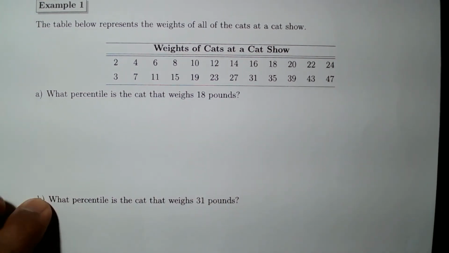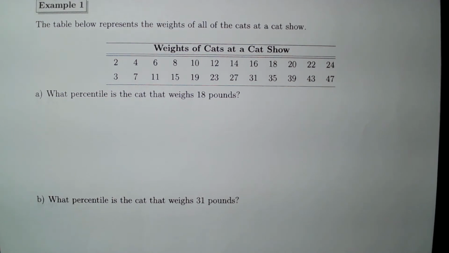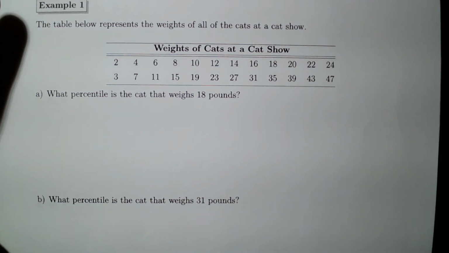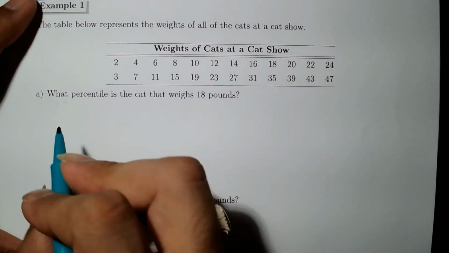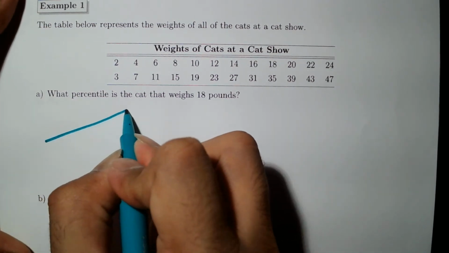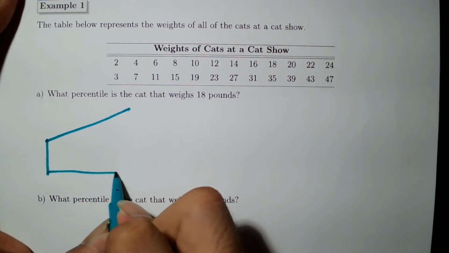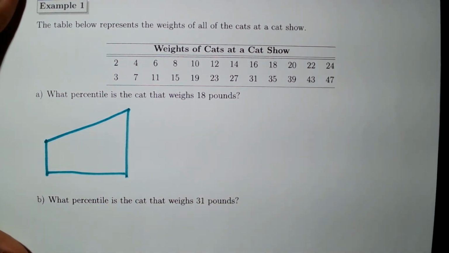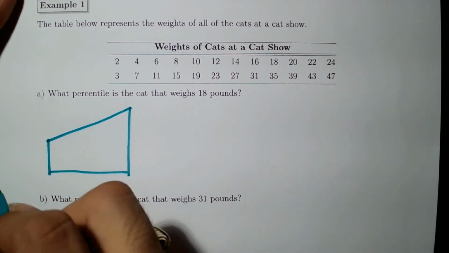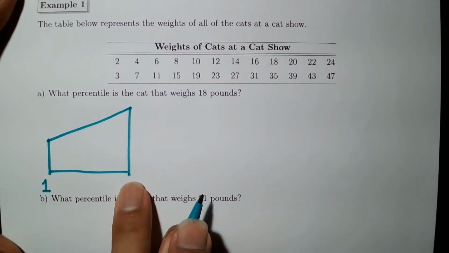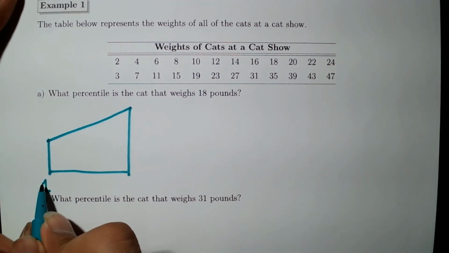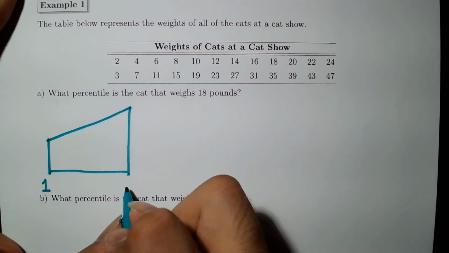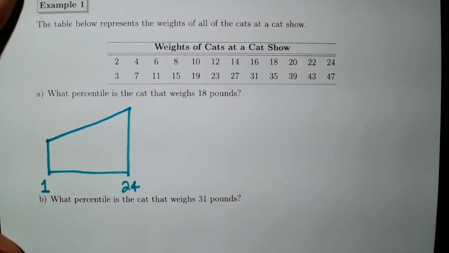This is the visual that I like using for this. I'm going to draw this, and below we have the first cat, the smallest, and the largest of them is the 24th cat.